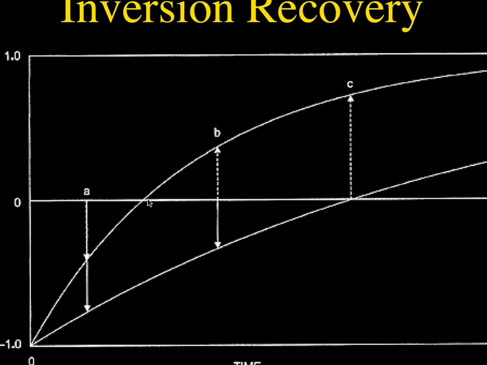So if we then give a 90-degree pulse at this point, fat will have no Z component, so there's nothing to rotate into the XY plane, and we'll get no signal from fat. But water is in a negative Z component here, and if we give a 90-degree pulse, that will rotate it into the XY plane, and it will give a signal.